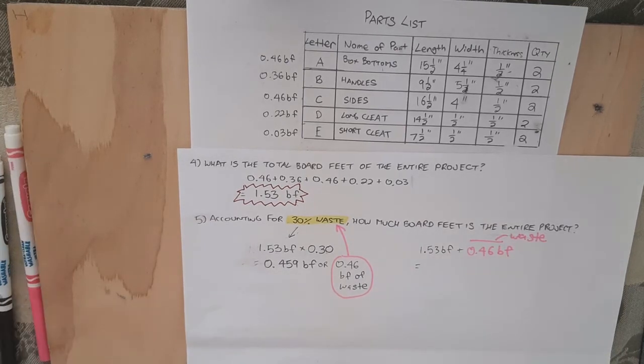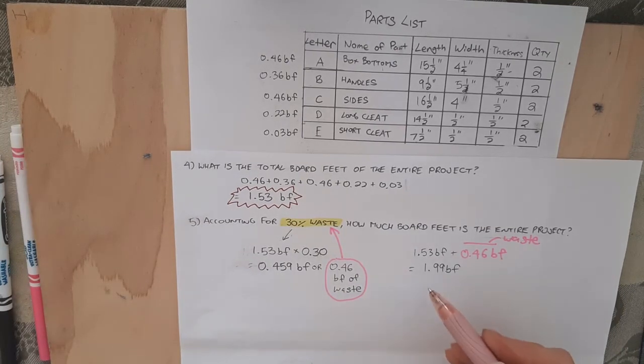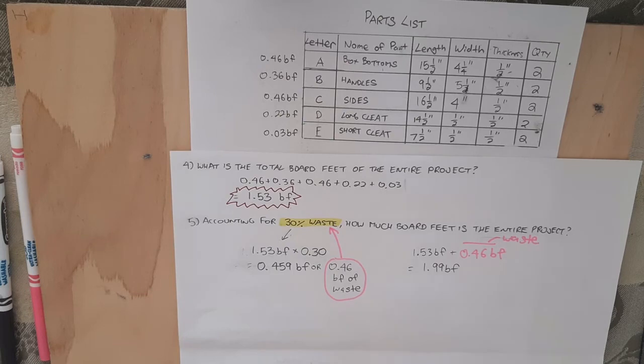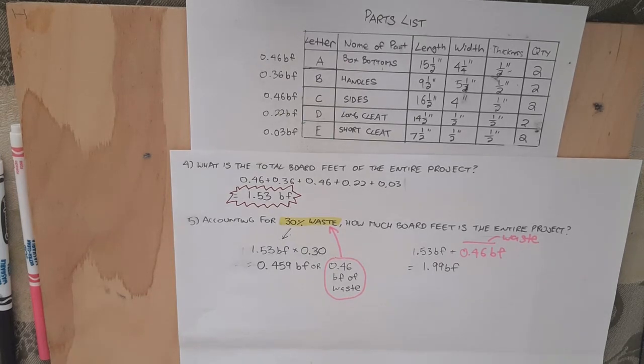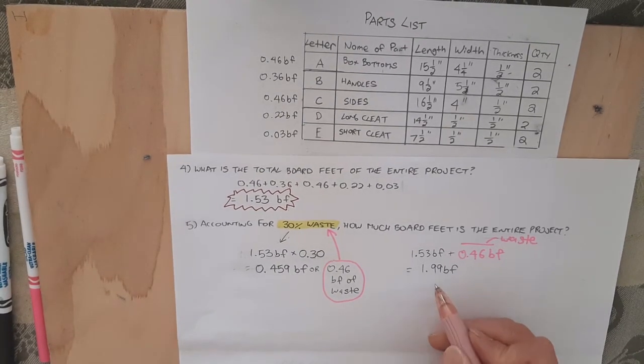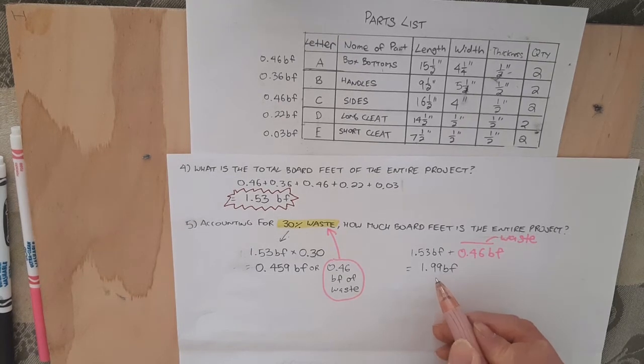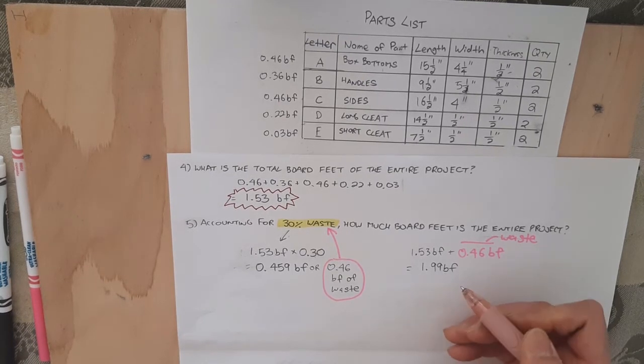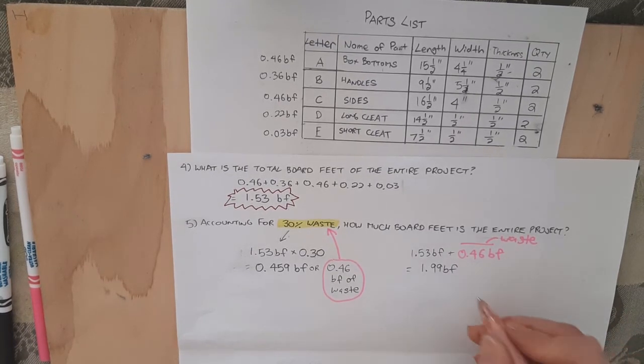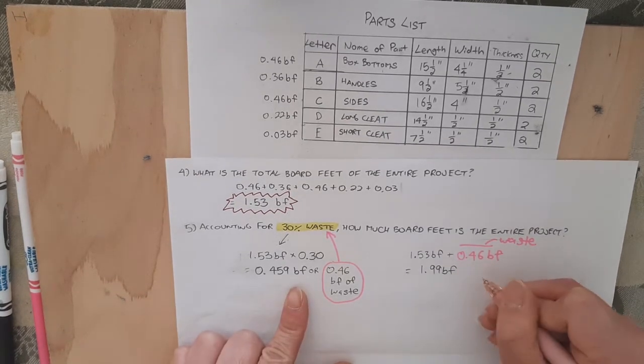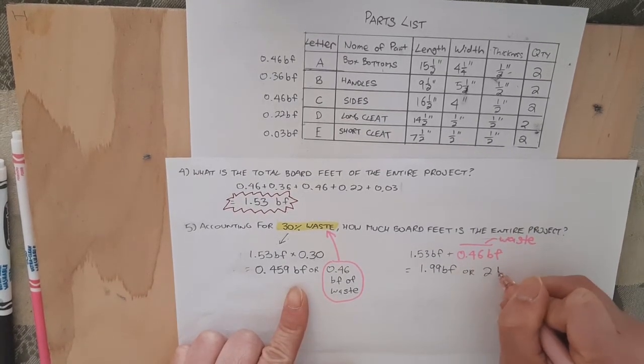Add the two together, and you'll get 1.99 board feet. Now, truthfully, you can't go to the lumber yard and ask for 1.99 board feet because it's sold by board foot, so you would simply ask for 2 board feet.